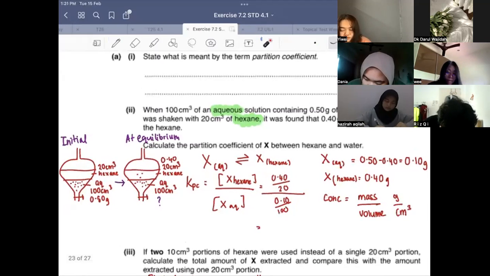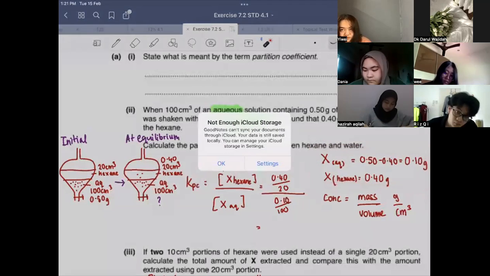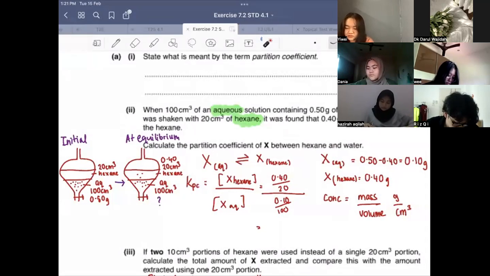And for the bottom number, it's the mass of X in aqueous over the volume of aqueous. Okay, so this part, I think you already know why I did that, because to find the mass of solute in the aqueous solution, you take the initial minus the mass of solute in hexane.